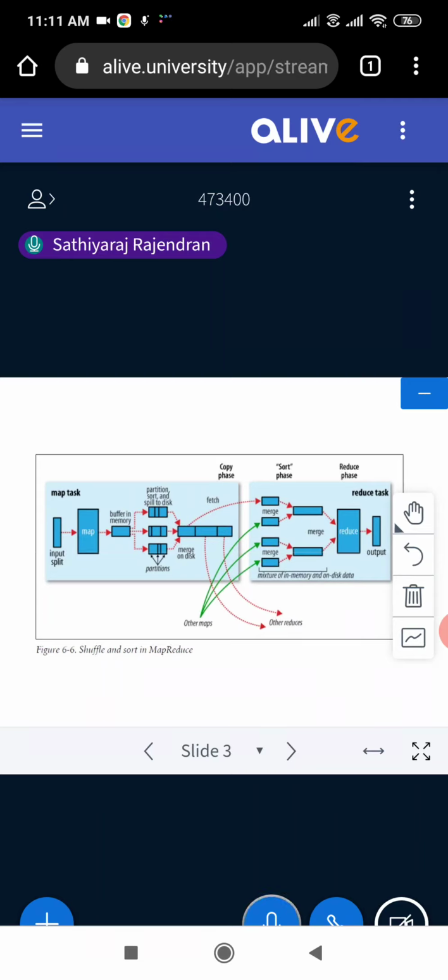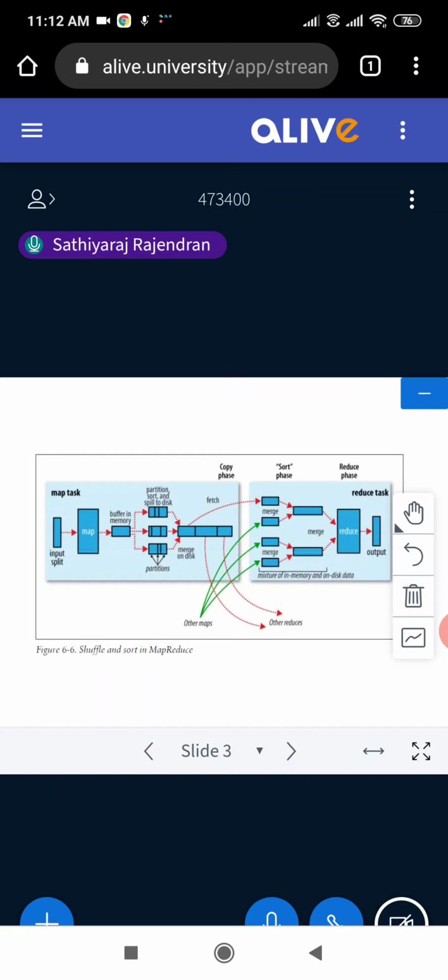If you try to write more values into your buffer which exceed the memory limit, that is called a spill. A spill is where a mapper output exceeds the amount of memory allocated for the MapReduce task.